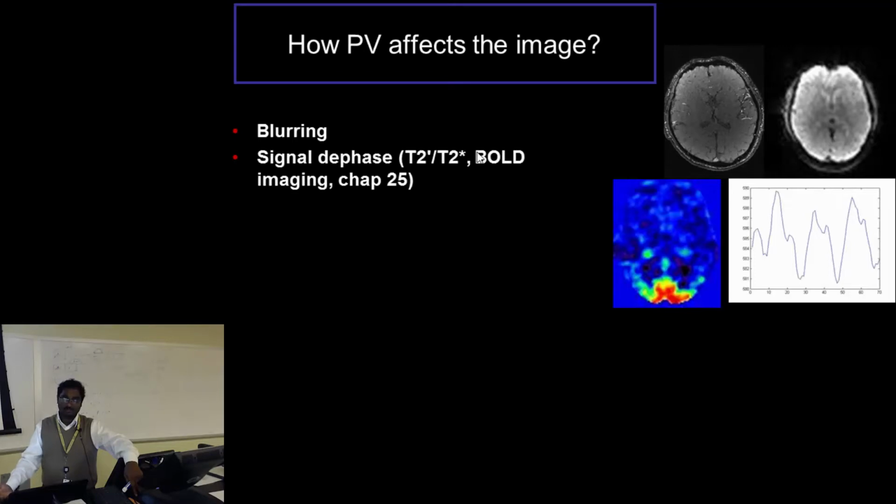So that's the basis of your BOLD imaging, where you're looking at changes in the intra and extravascular signal due to functional activation. Basically an increase or decrease in deoxyhemoglobin is going to cause a signal change. You'll come to that in chapter 25. So because a big voxel contains all these different types of tissue, you're getting a vector addition, or complex addition, of all the signal components within that voxel.